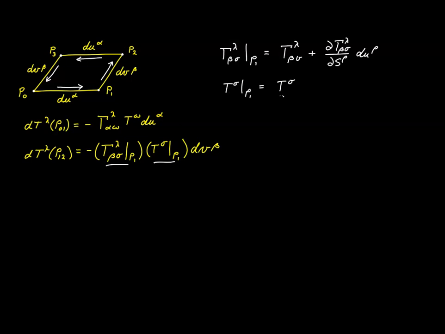Of course, I'm using a different free index here. So it's going to be minus gamma sigma alpha omega times our vector t omega and du alpha. So these then are the expressions, this one and this one, that we simply need to substitute back in here and here.